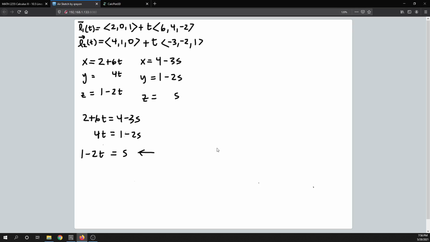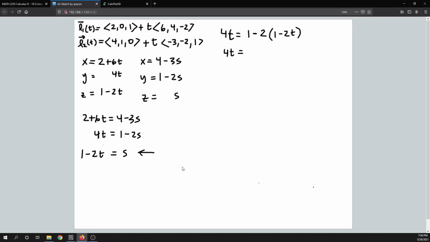All right, and I am going to go with the second equation. So I have 4 times t equals 1 minus 2, and then s is 1 minus 2t. All right, and then I'm going to solve that equation.